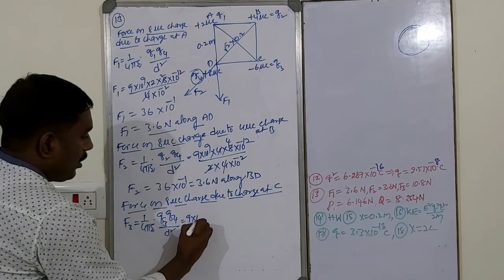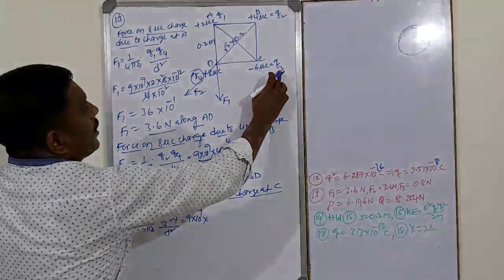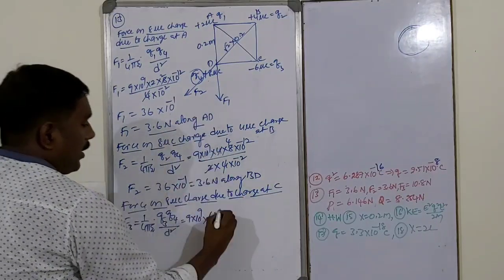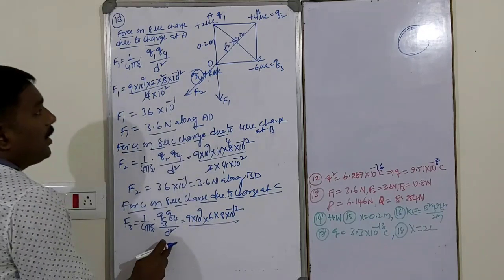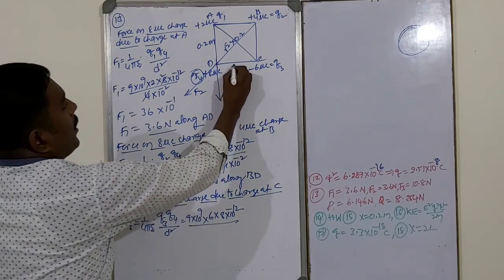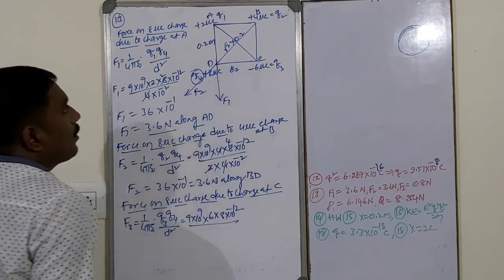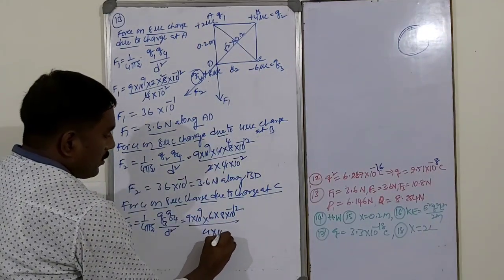That is 9 into 10 power 9, Q3 is 6, Q4 is 8 into 10 power minus 12, divided by d squared, where d is 0.2, so 0.2 squared is 4 into 10 power minus 2.